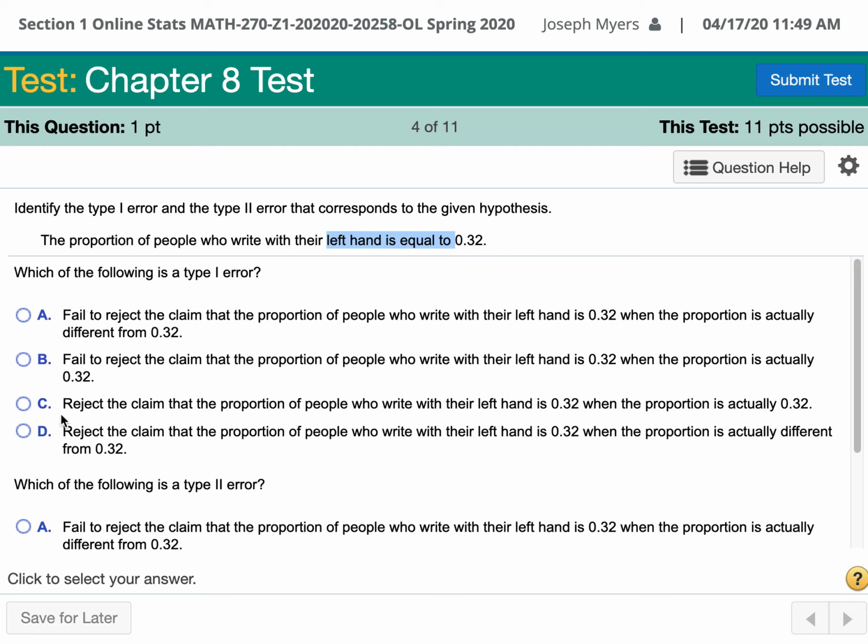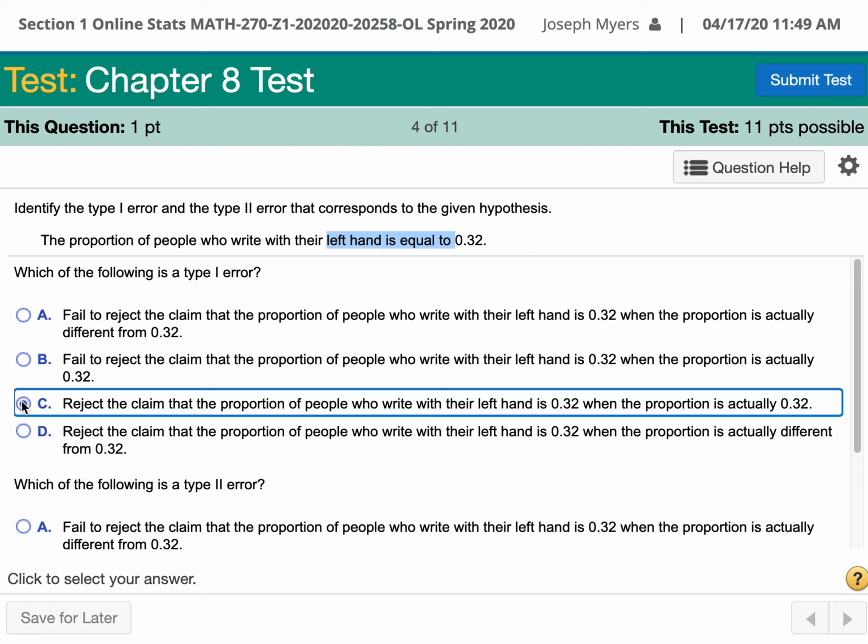So if we reject the claim that the proportion of people who write with their left hand is 0.32, when it actually is 0.32, then that's called a type 1 error. When you falsely reject the claim of a null hypothesis when the null hypothesis is actually true, that's called a type 1 error.